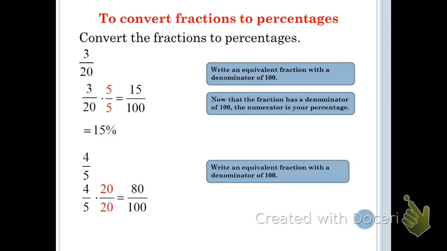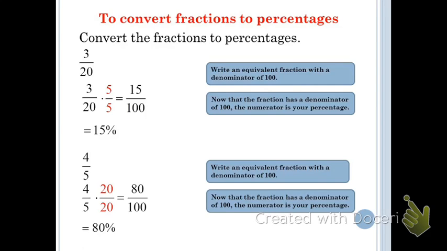So 3/20ths is equal to 15 100ths, which is equal to 15%. 4/5. If we multiply the numerator and denominator by 20, we get 80 over 100, and 80 100ths equals 80%.